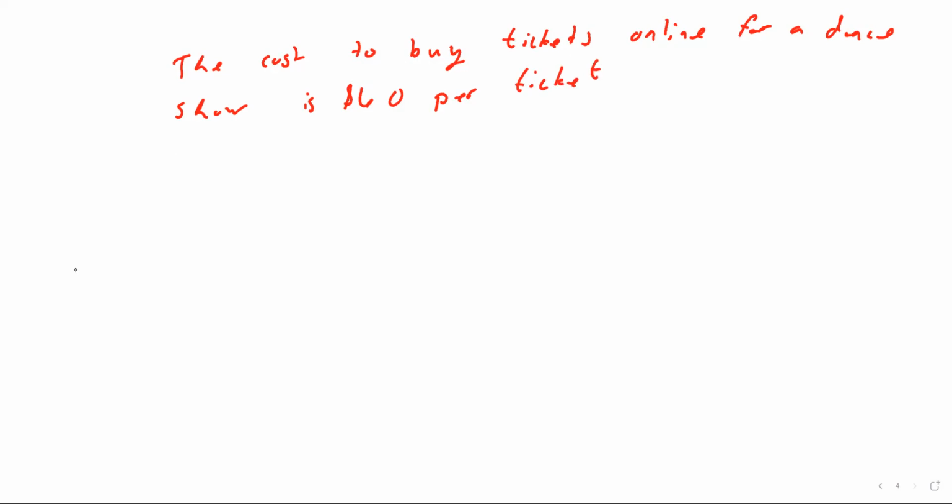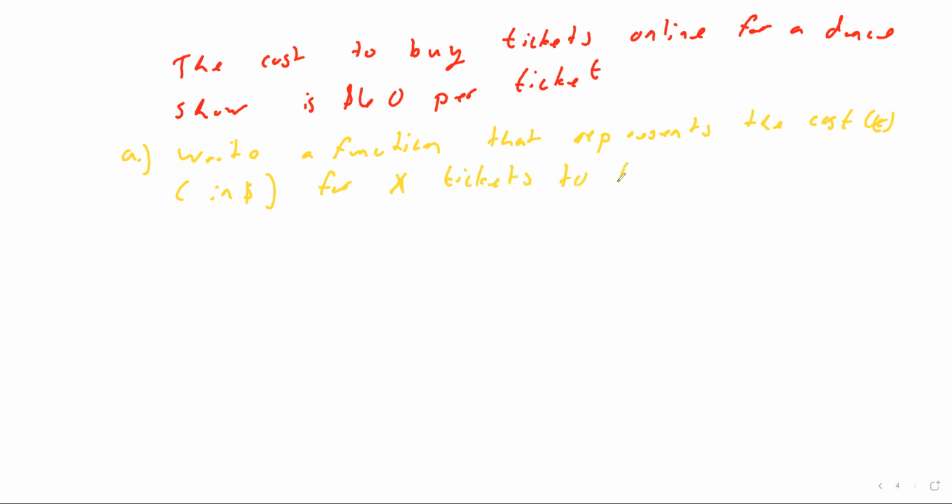Part A says write a function that represents the cost C of X in dollars for X tickets to the show.